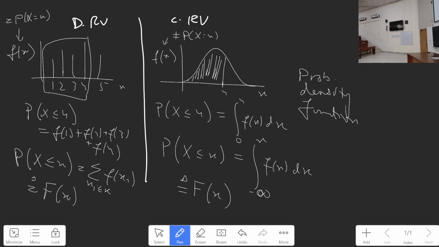The formulas for the definitions for marginal, conditional and joints will also remain the same. Okay. The only thing is wherever you had summations, now you will have integrals. That's it. Okay.